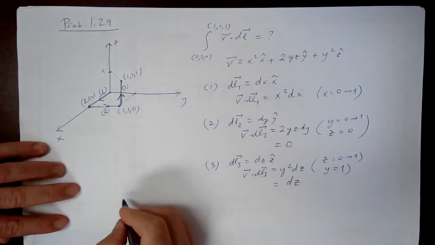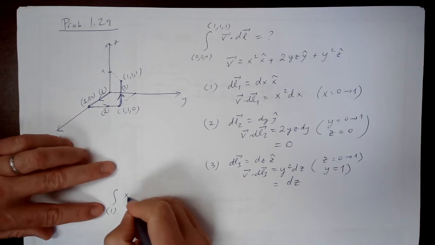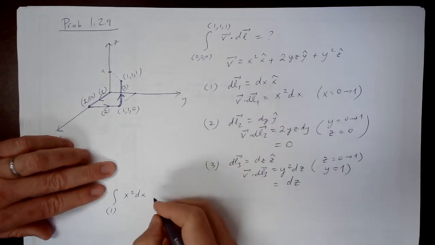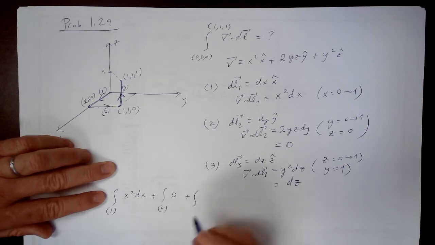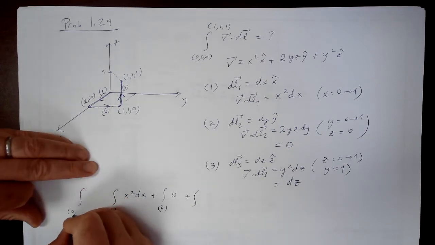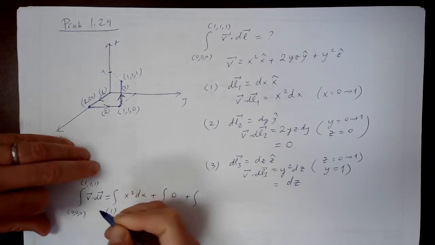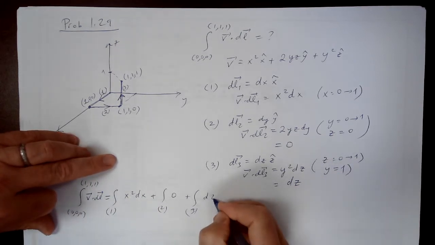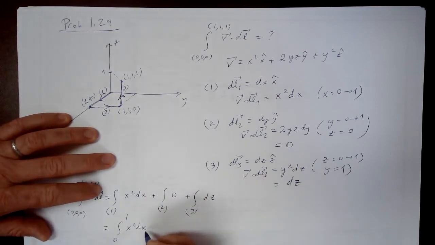All right, let's put it all together. The total from (0, 0, 0) to (1, 1, 1) of v dot dl equals the integral from 0 to 1 of x squared dx, plus 0, plus the integral from 0 to 1 of dz.